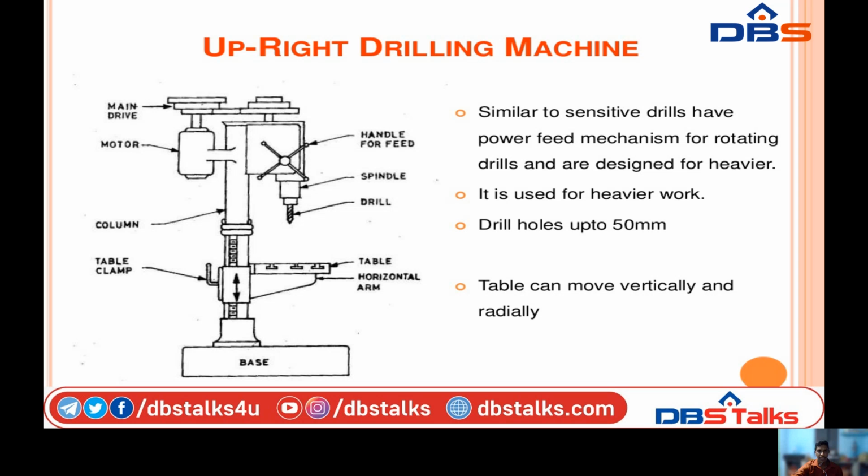That means the power feed mechanism. Belts are connected to link the main drive to the gear wheels. By operating the handle, we can produce holes by using drill bits or drills. This is the upright drilling machine.